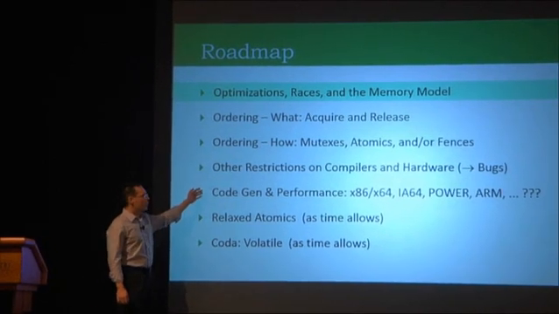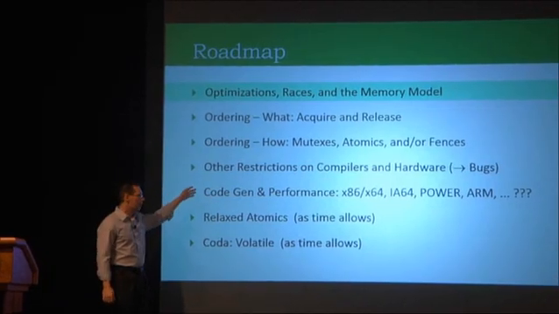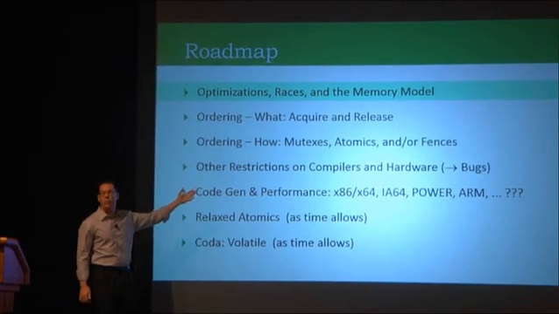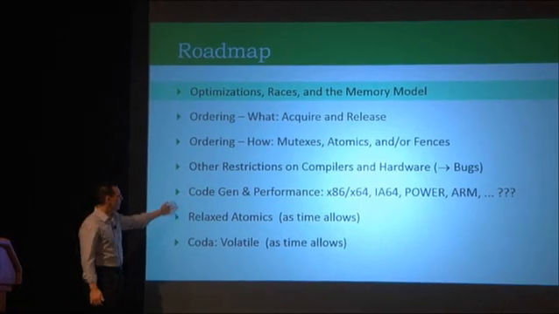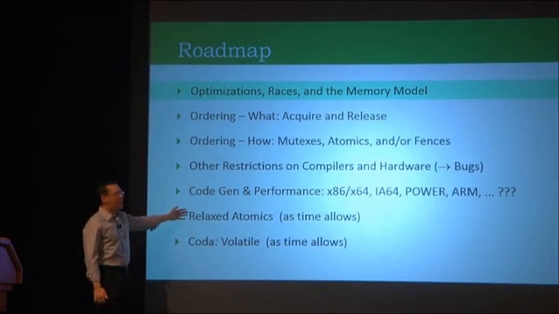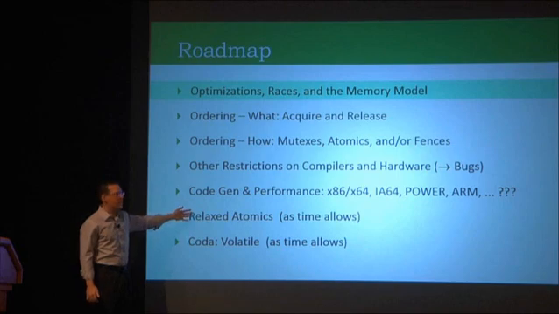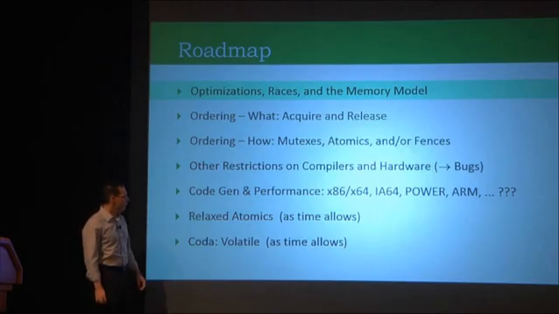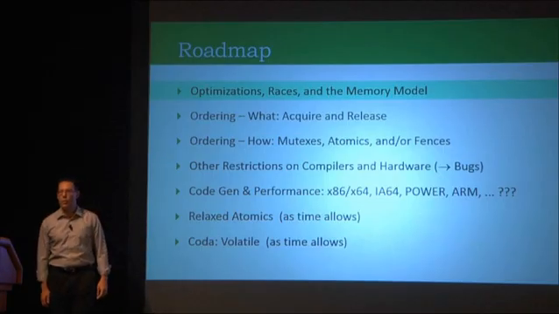We're going to talk about code generation performance on a slew of popular platforms, and then because this talk probably doesn't fit in half a day, if we have time, we'll talk about relaxed atomics. This is the part I hope to never, ever, ever have to teach, but unfortunately, maybe we do. And if we get to it, a coda on what volatile means and what it's for.